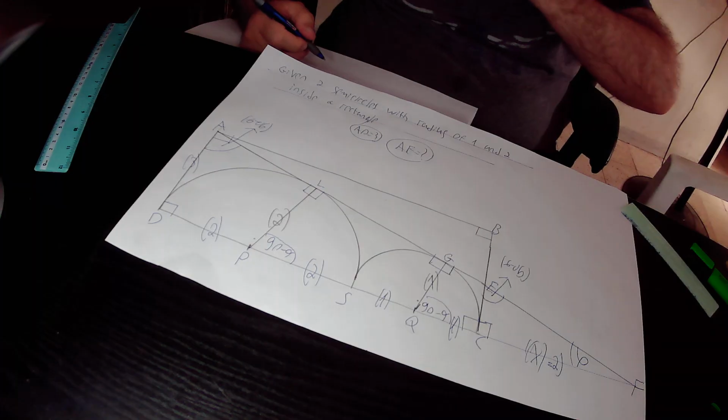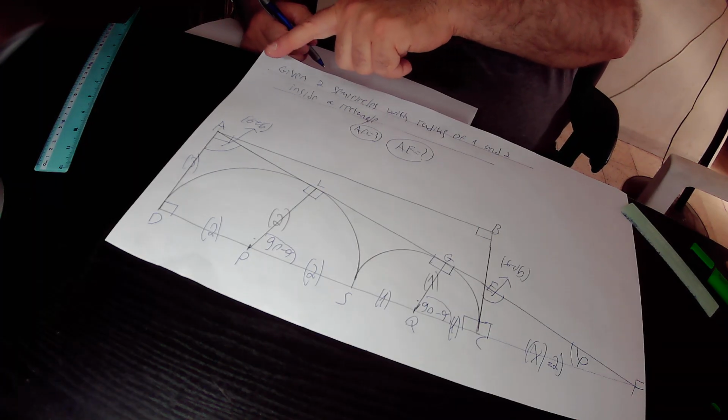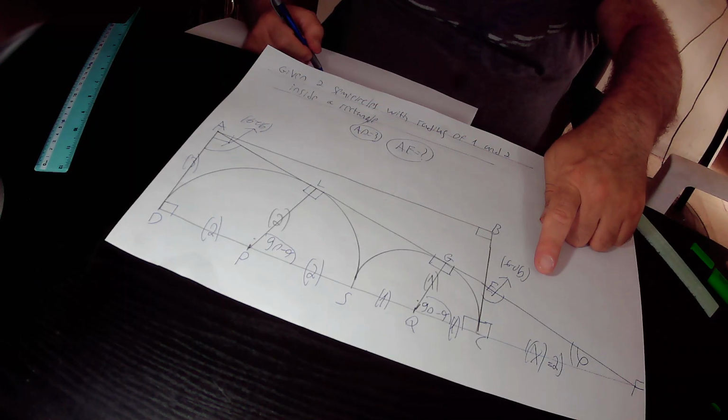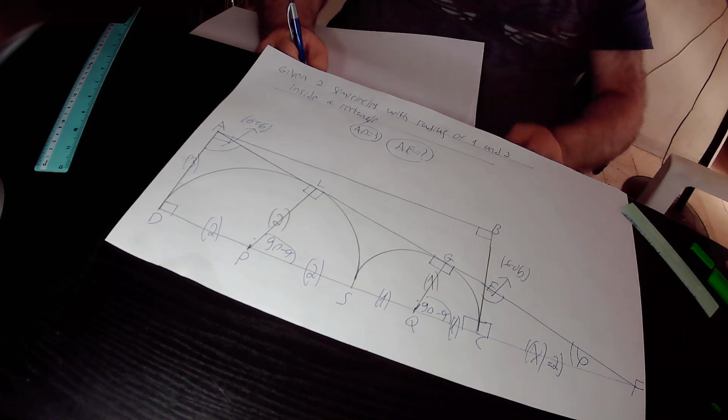In the next step, we prove that the biggest right triangle ADF is similar to the smallest right triangle, triangle ECF. So write it down.